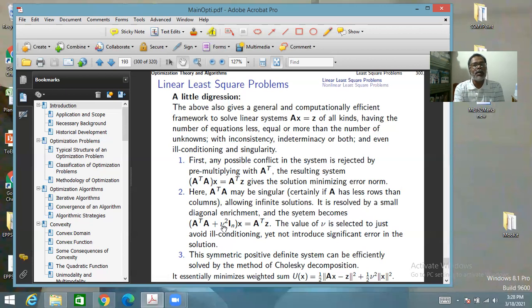Okay, so according to that, you select nu. 0.0001 is a beautiful nu in such situations, or 0.01 if your application is rough and you want to avoid ill conditioning by a wider margin. And this is symmetric positive definite. So again, you can happily solve it by Cholesky decomposition.